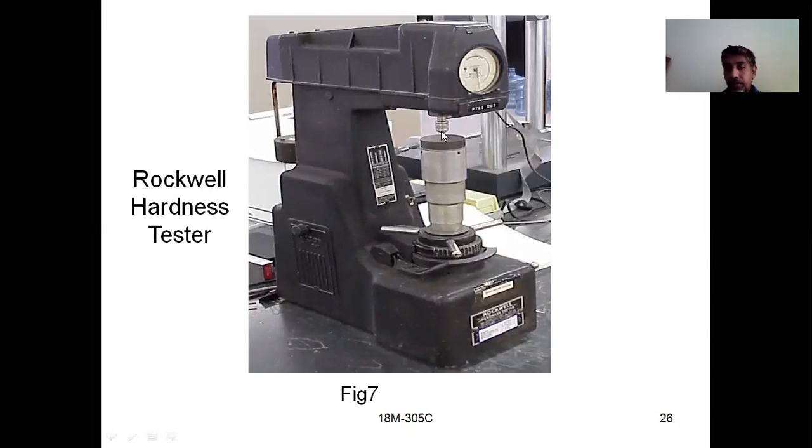And if you see this one, this is the indenter holder and this is the indenter. It is a 1 by 16 inch ball indenter or a cone shaped diamond indenter. And this is your scale, that is the dial indicator.